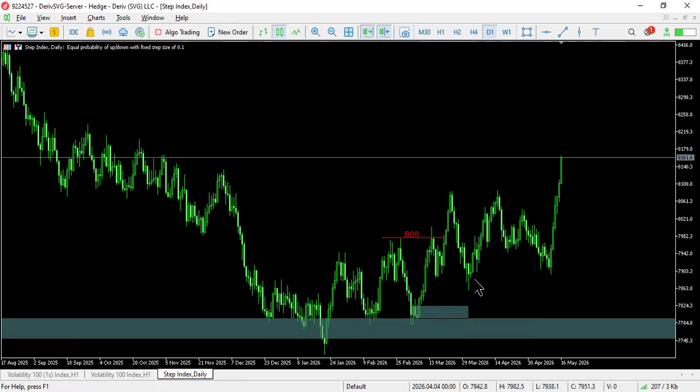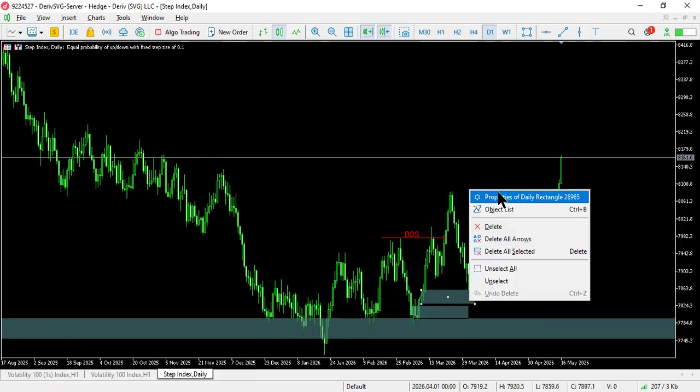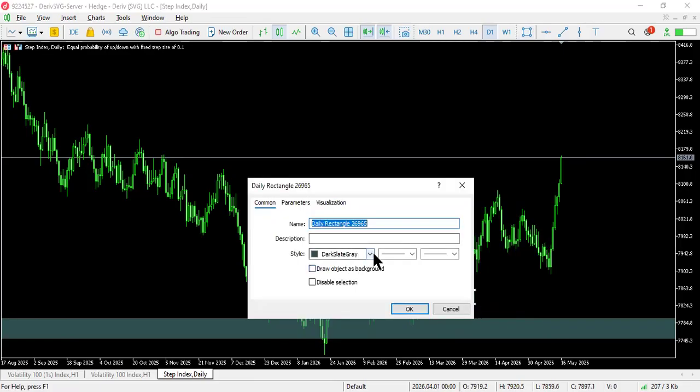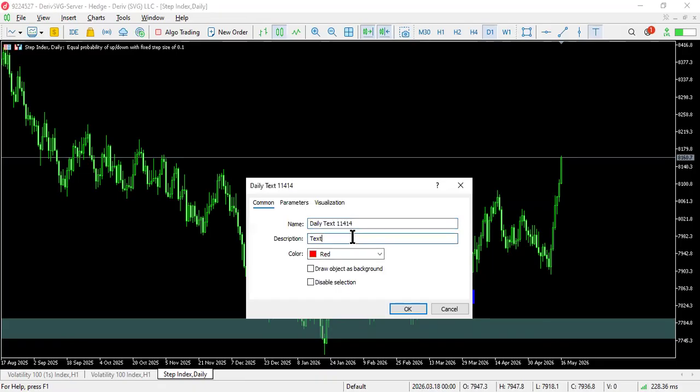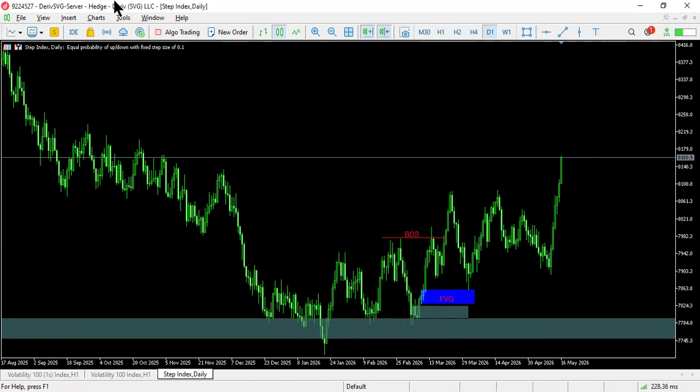Price did not get there. However, price reacted from the FVG. If we are looking from the daily time frame, that one will become our FVG, so price pushed from there.